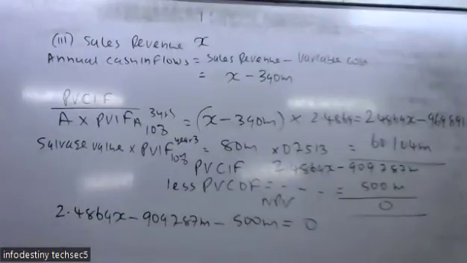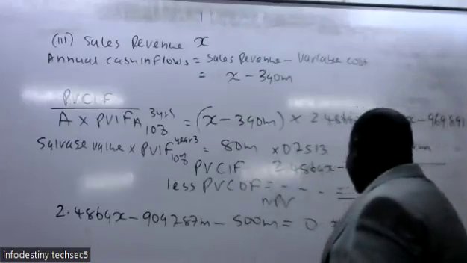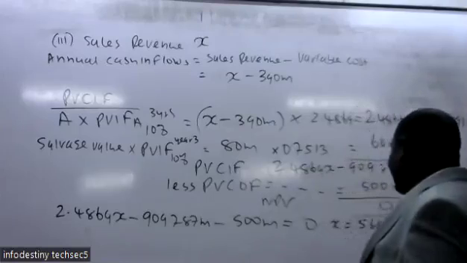X comes to how much? 566.89. So X is 566.89.